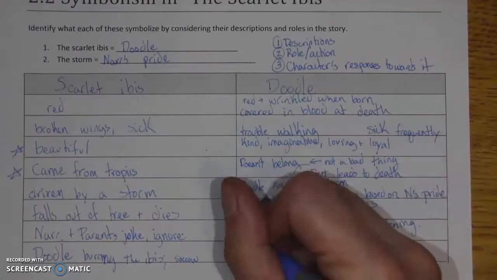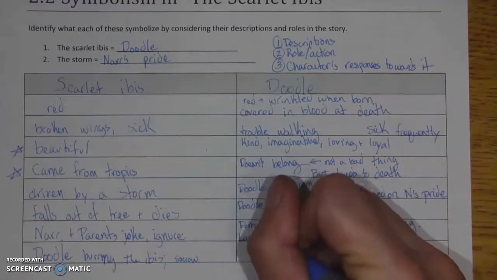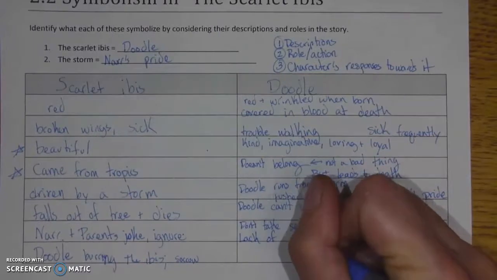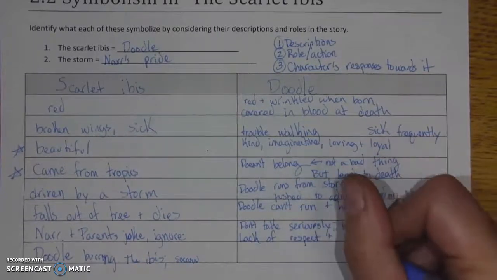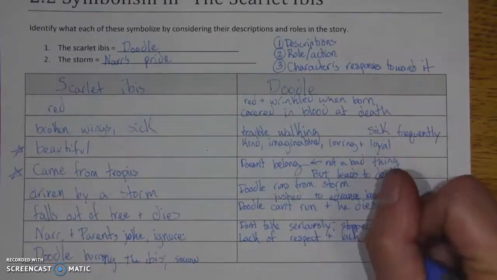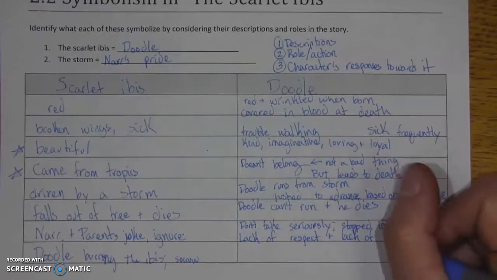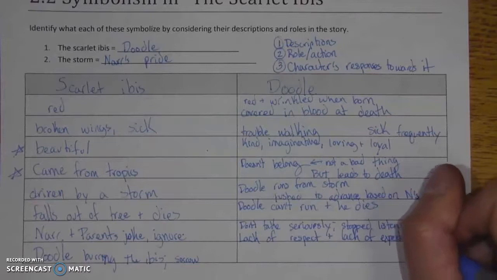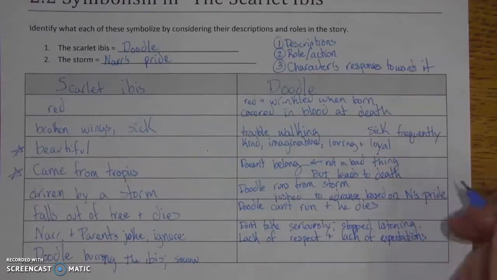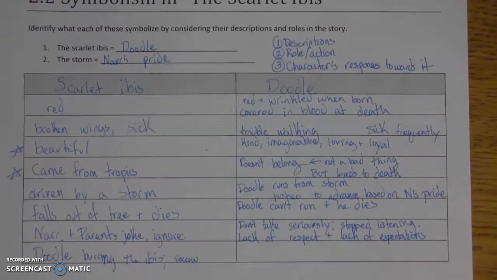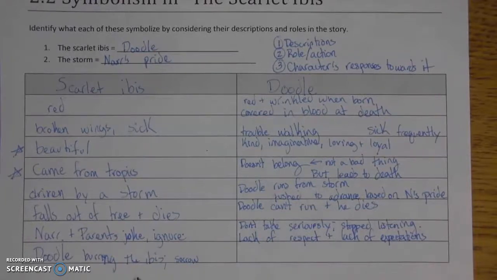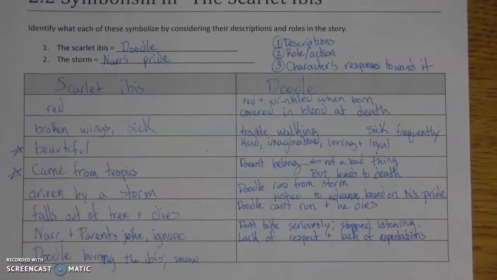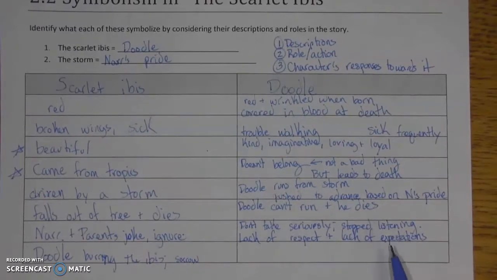And you can see almost a lack of respect and a lack of expectations. Maybe not from the part of the brother, but from the part of the parents. And it's not necessarily out of cruelty or dislike, but more out of just this indifference and this ignoring of the bird's death.